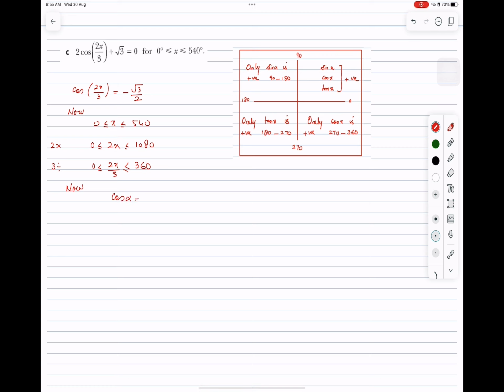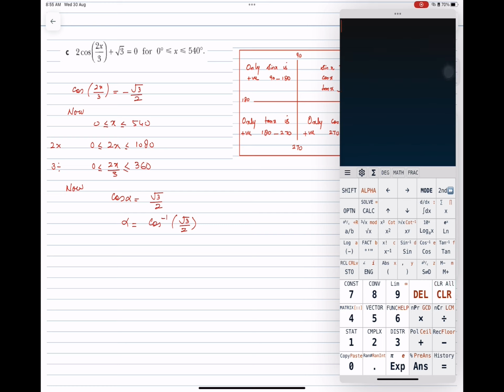So now you will replace 2x over 3 by alpha, and there is a negative sign, but again, as we have discussed earlier, we have to change the negative sign, and every time we will write a positive sign on our right hand side. Whenever you write alpha, you have to write a positive sign. You can take cos inverse, and that will give you the value of alpha, which will be 30 degrees. So alpha is 30 degrees.